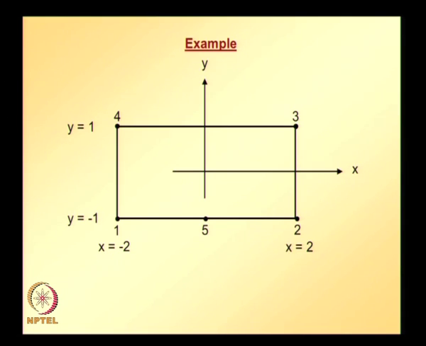So, we can directly use the expressions that we have for the 5 node element and plug in the corresponding nodal coordinates, and we can get the shape function expressions for this particular element.